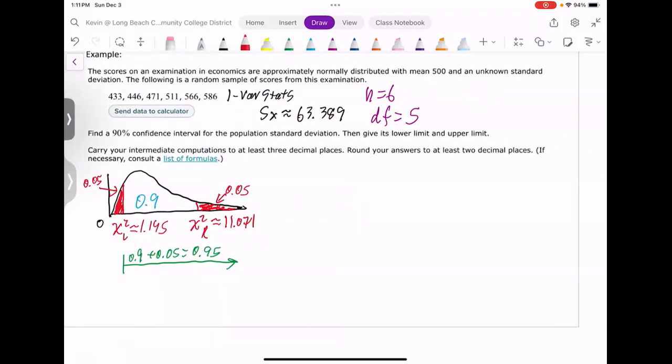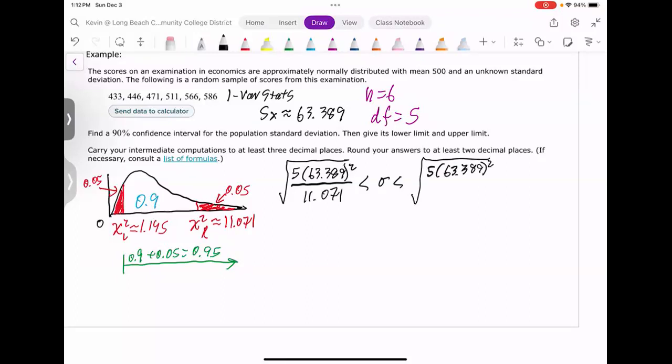All right, so this gets us to the square root of 5 times 63.389 squared over 11.071, and the other one over 1.145.